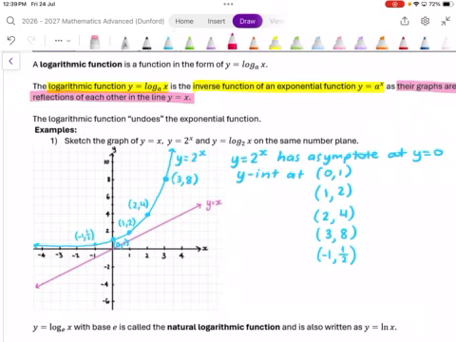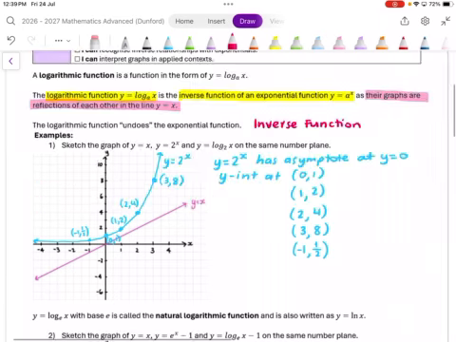Okay. Now, how we get our inverse function, or what inverse function means, is that to do our inverse function, it means to swap the variables. Or swap the coordinates is probably better to write.